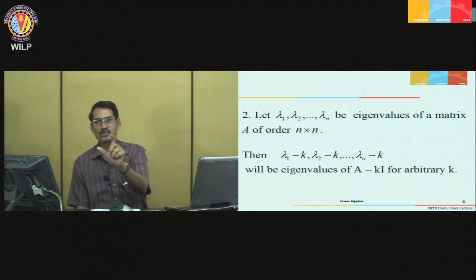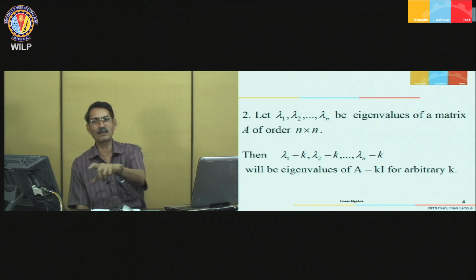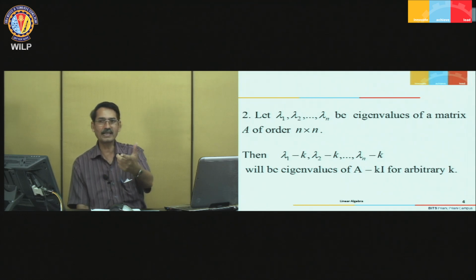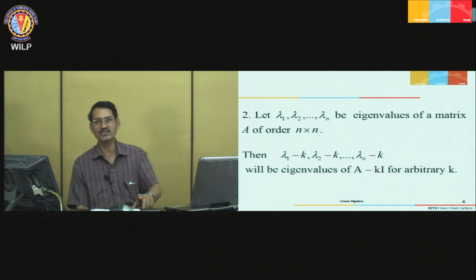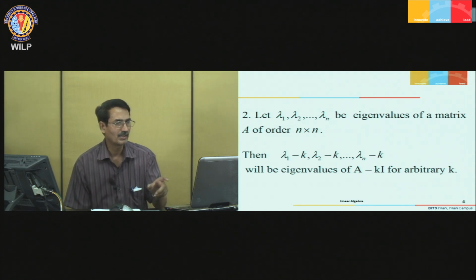Suppose the eigenvalues of A are lambda 1, lambda 2, ..., lambda n, and consider A minus kI, where k is any real number. Then the eigenvalues of A minus kI are lambda 1 minus k, lambda 2 minus k, lambda 3 minus k and so forth, lambda n minus k.